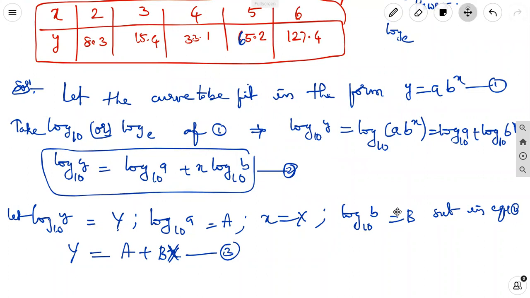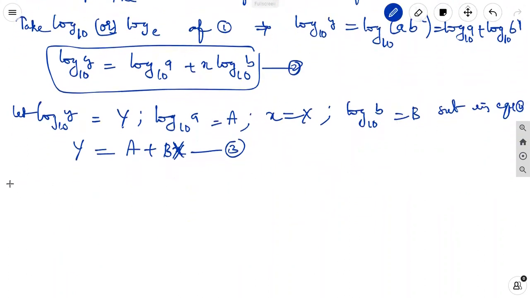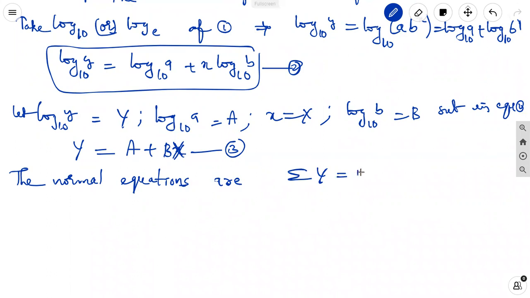Now we can take the normal equations of equation 3. The normal equations are sigma Y is equal to n A plus B sigma X, and sigma XY is equal to A sigma X plus B sigma X square.